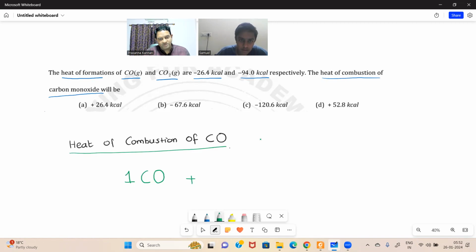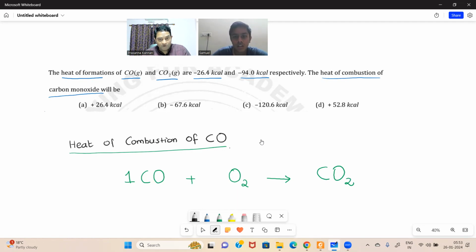Okay. So carbon monoxide, you are burning it in what? Oxygen. To give you what? Carbon dioxide. So carbon monoxide will burn in oxygen to give carbon dioxide. Is it a balanced equation? No, right? Is the number of carbon atoms balanced?